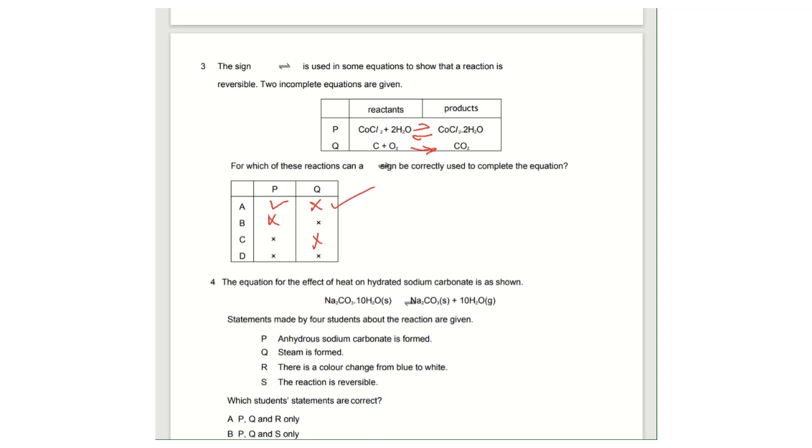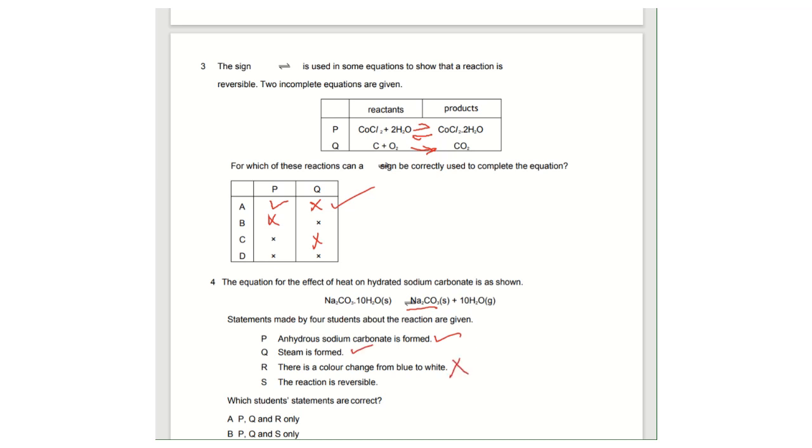The equation for the effect of heat on hydrated sodium carbonate is as given. Statements made by 4 students about the reactions are given. Anhydrous sodium carbonate is formed. Yes, this is good. Steam is formed. Yes, this is also correct. There is a color change from blue to white.